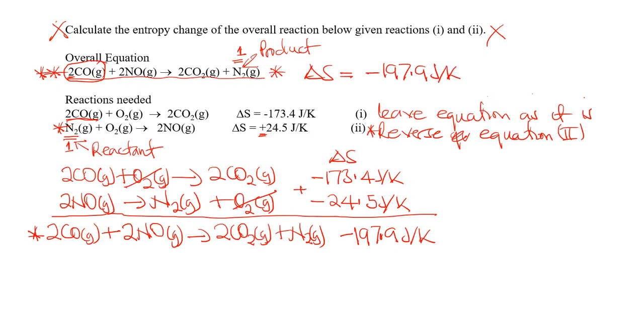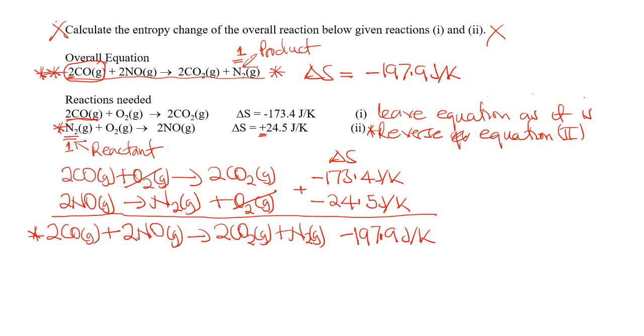So in this case, we have used Hess law to determine the change in entropy of an overall chemical reaction using several steps or several reactions. In this case, we have used 2 chemical reactions.